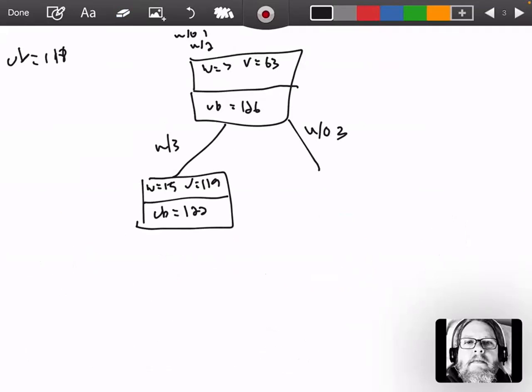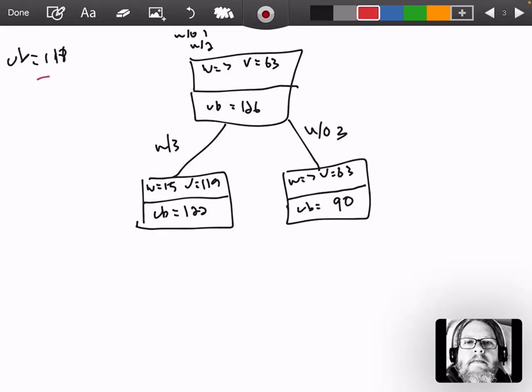Without 3, so this is without 1, with 2, without 3, it's going to give us a weight of 7, a value equal to 63, just like the one above it. And we're going to have the upper bound equal to 90. So again, looking at the 118 on the left side, the 122 here, and the 90 there, we see that the way to go is off of the 122.